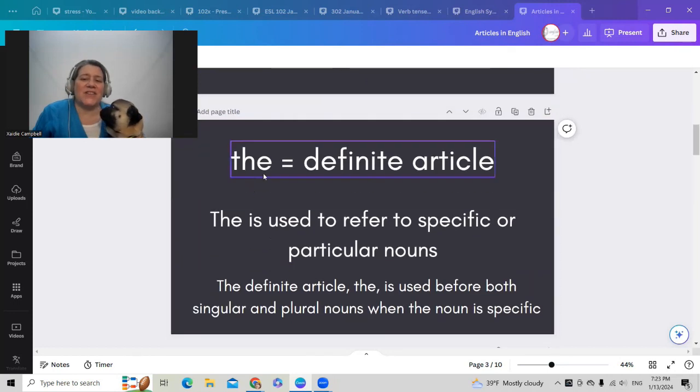The is called the definite article. We use it to refer to specific or particular nouns. So the first time that I introduced this dog, I said, he is a very sweet dog. The next time that I talk about him, I will talk about the dog, because now you know which dog I'm talking about, a specific dog.